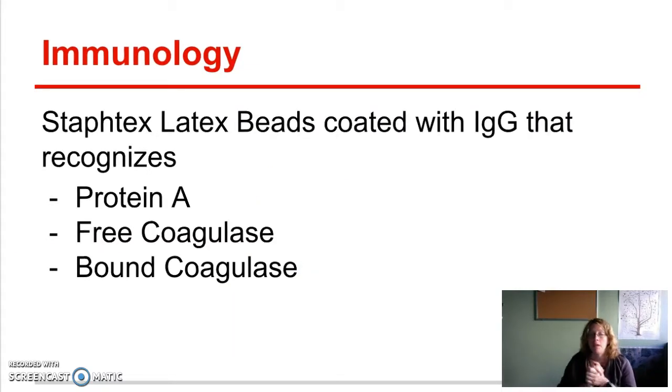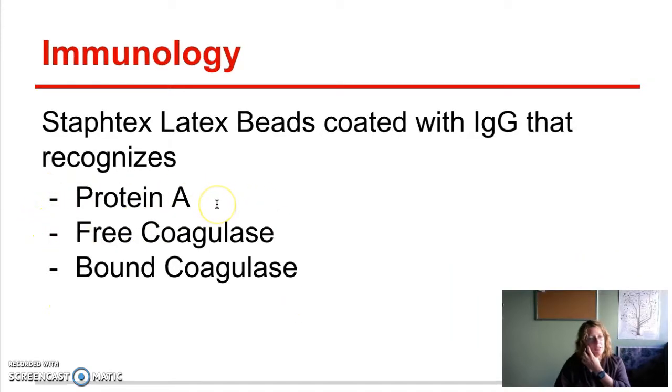When we were in lab, we used Staph-Tex latex beads, and they're coated with IgG. IgG is a name for a type of antibody, and that IgG recognizes protein A, free coagulase, and bound coagulase. These were things you should have identified doing the pre-lab assignment.